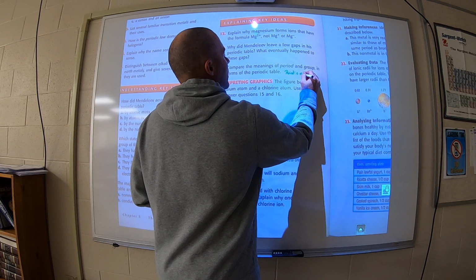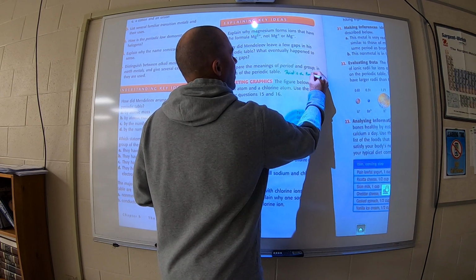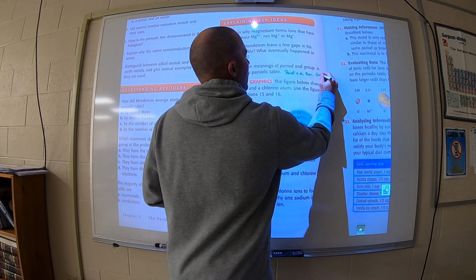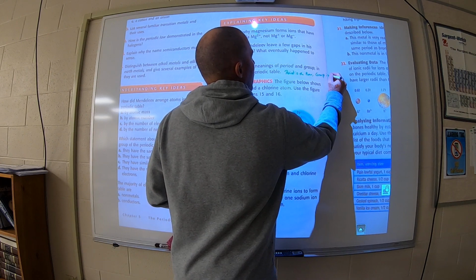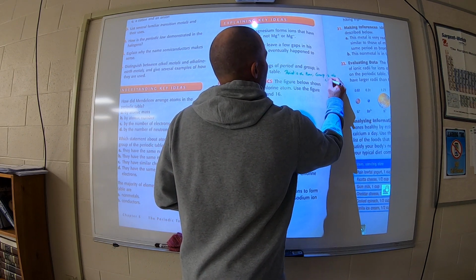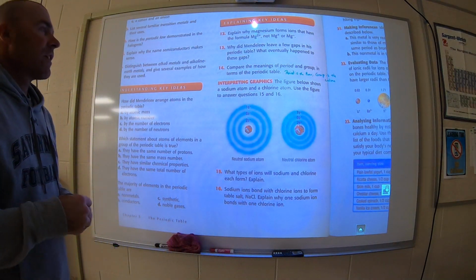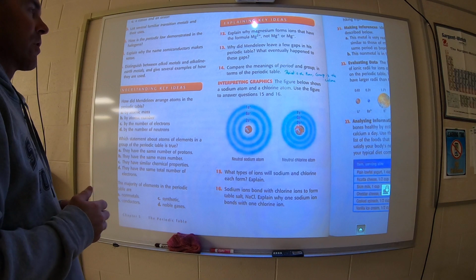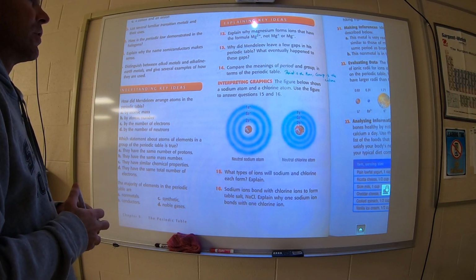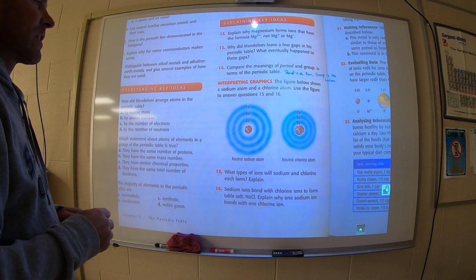Period is the row. Group is the column. Then it says the figure below shows a sodium atom and a chlorine atom. Use the figure to answer questions 15 and 16.